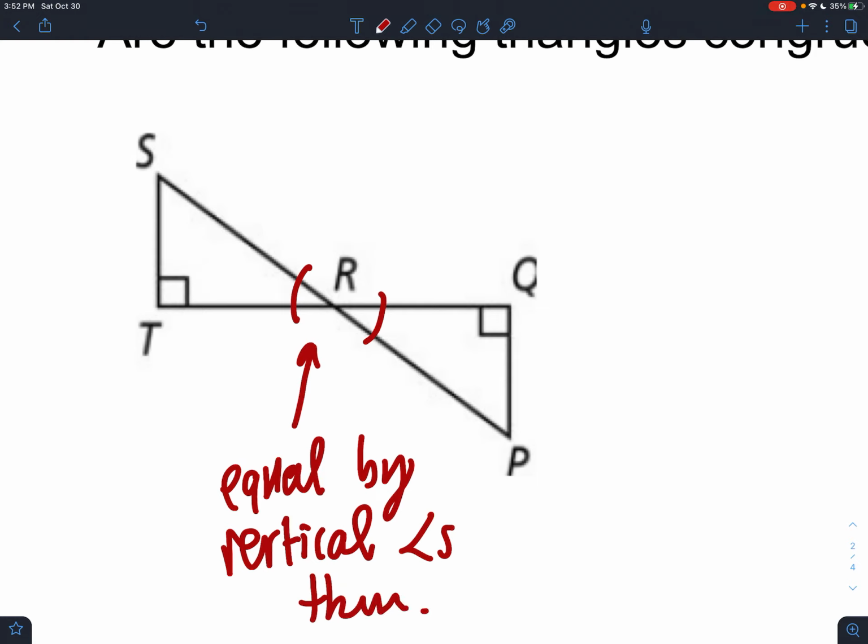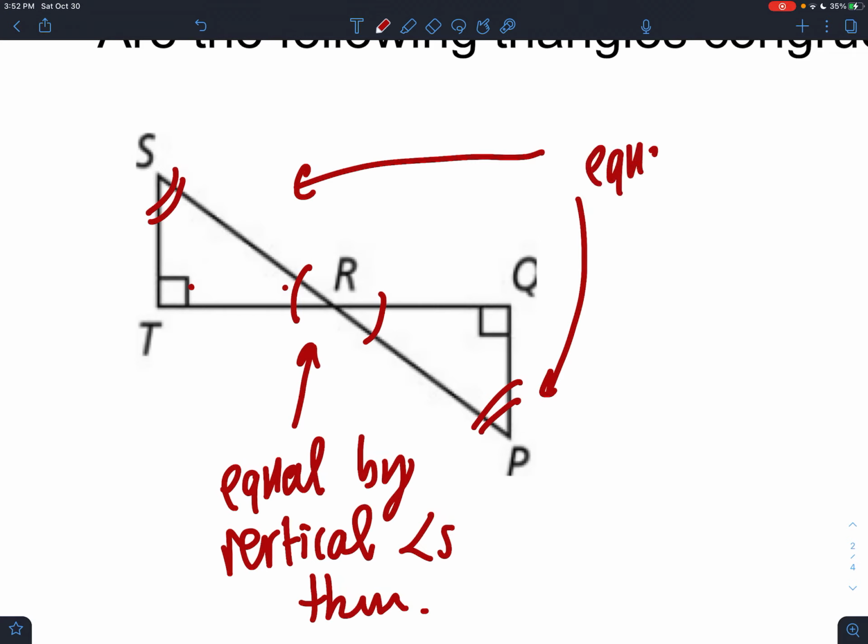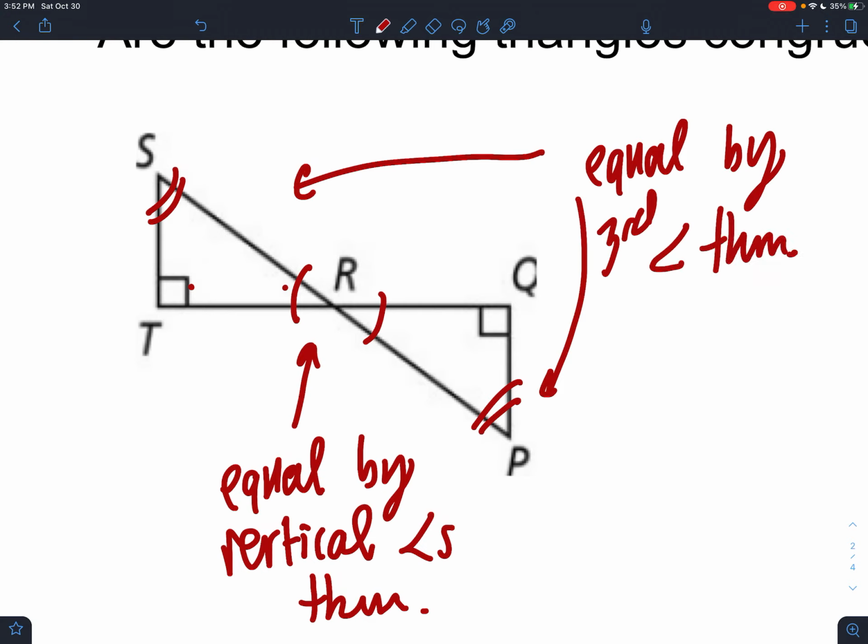Okay. And hey, that means we have 1, 2 angles. It also means that these are equal by the third angles theorem. Remember, if you know 2, you know 3.